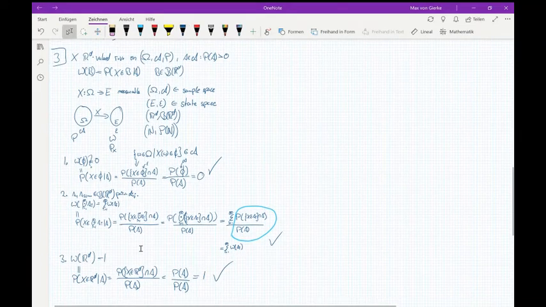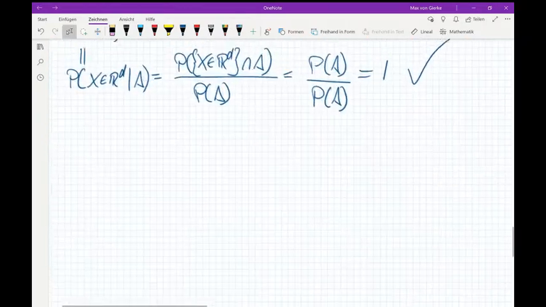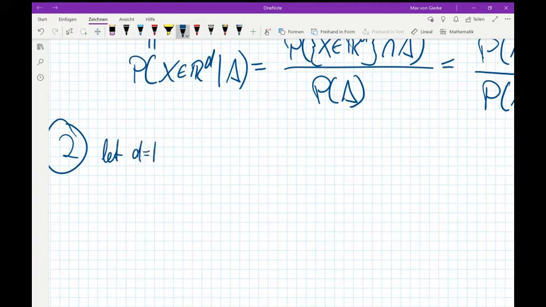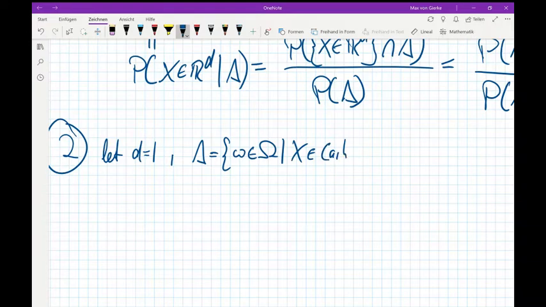Okay. Second part, let d be equal to 1. Quickly write it down. Let d be equal to 1. So we are just now in R. So our state space is just R. And let A be, well, on the problem set, it's this notation, x in (a, b).